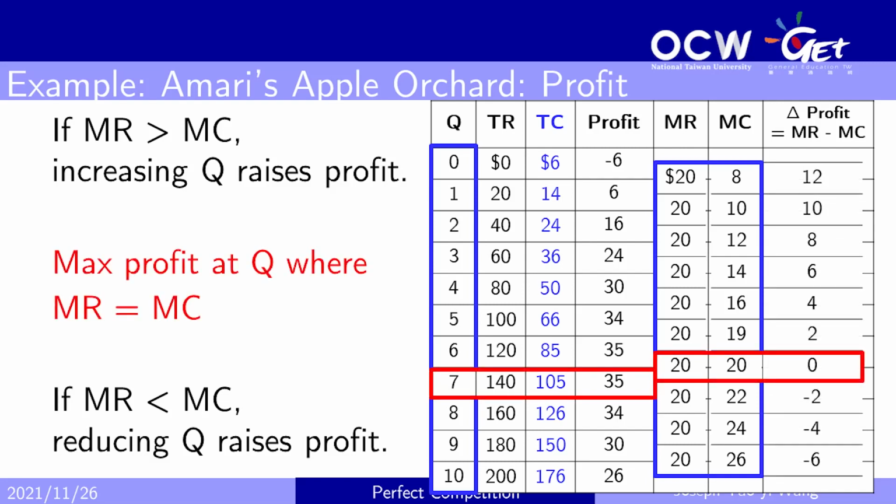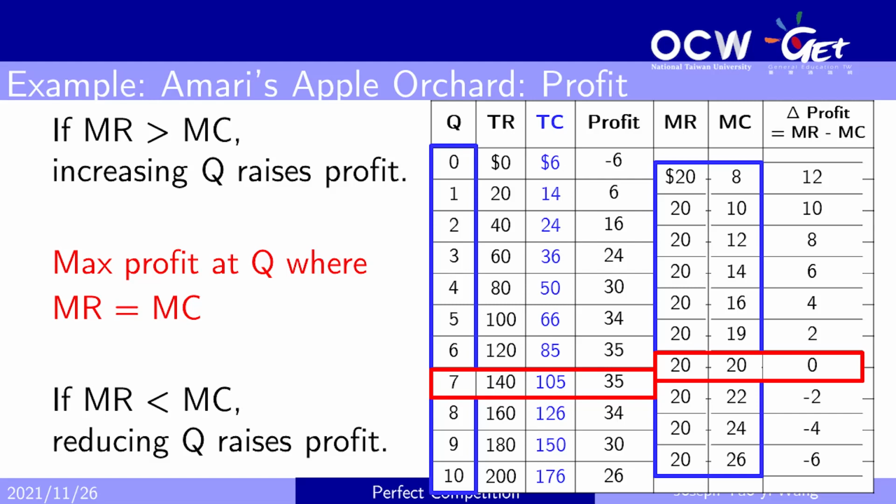And it's at MR equal to MC where profit is maximized. That's exactly where the marginal revenue equals marginal cost. Both are $20. So it's between 6 to 7. Producing at exactly 6, that gives you $35 in profit, same as 7.